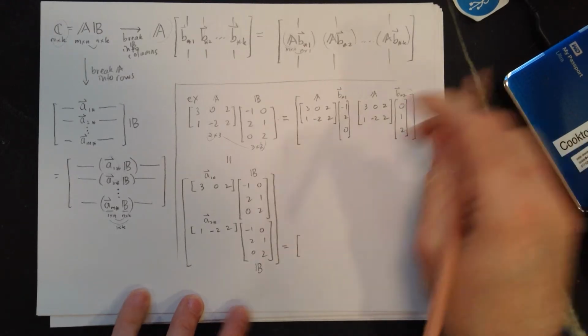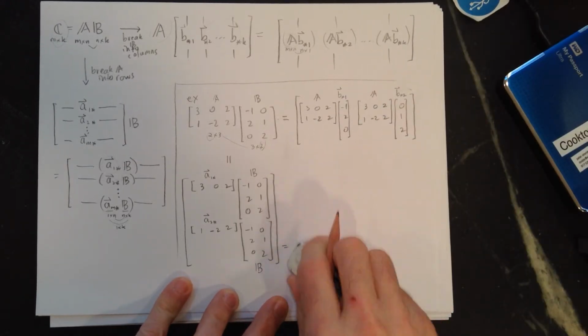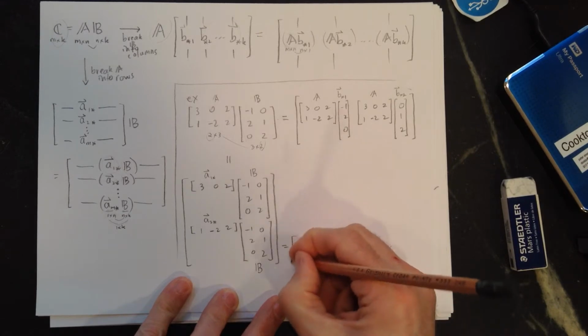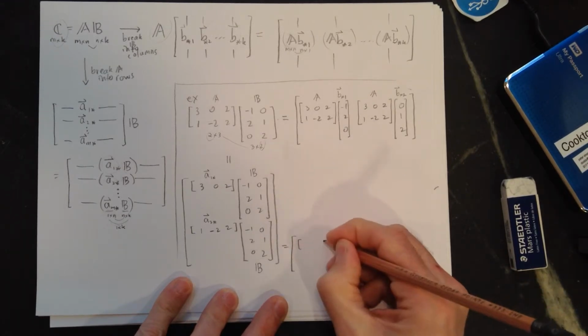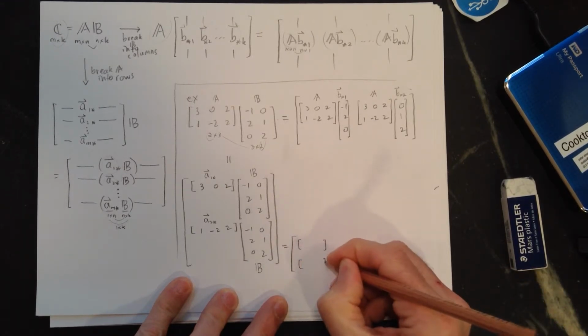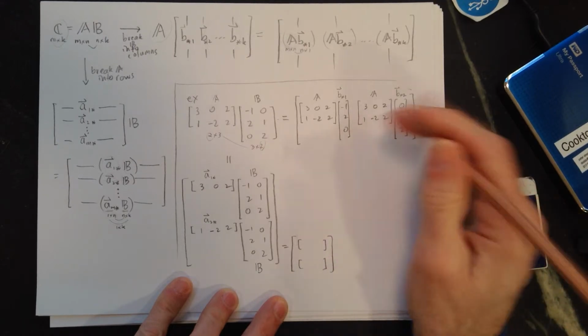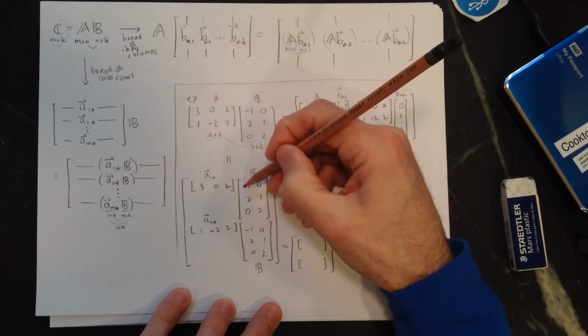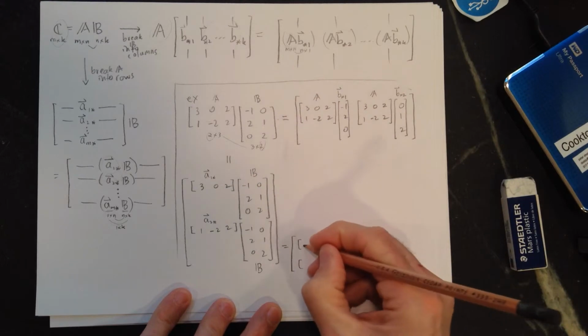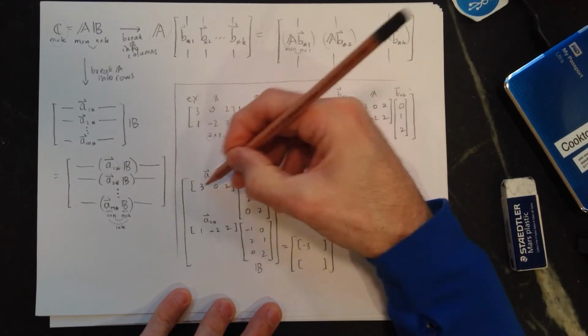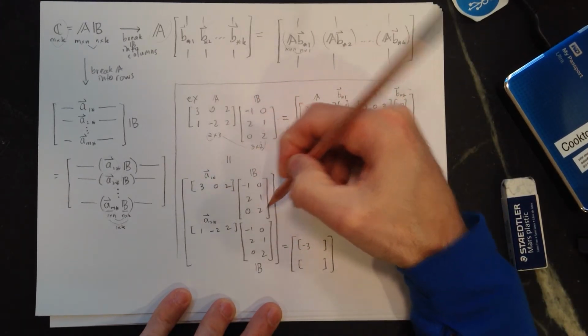So this is going to be, let's make it look like this. It's going to be a stack of 2 row vectors. So we get a minus 3, 3, there's a 3 zeros, so this is a 4.